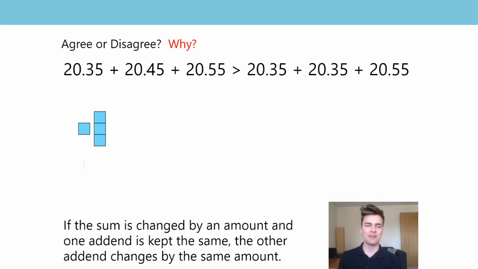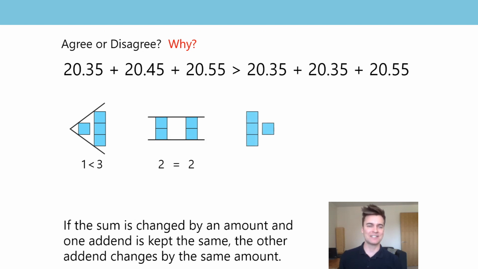Here is an image that I would like you to keep in your mind when you're thinking about the greater than, less than, equal to symbols. With this image in your mind, I hope you can always remember 1 is less than 3, so the first symbol is the less than symbol. 2 is equal to 2, and 3 is greater than 1.